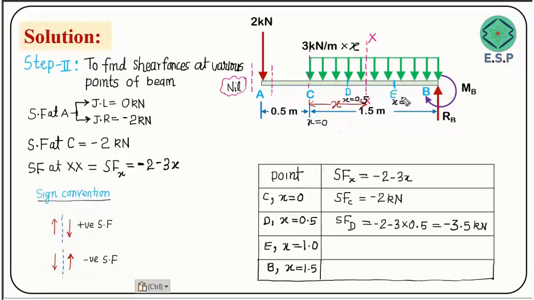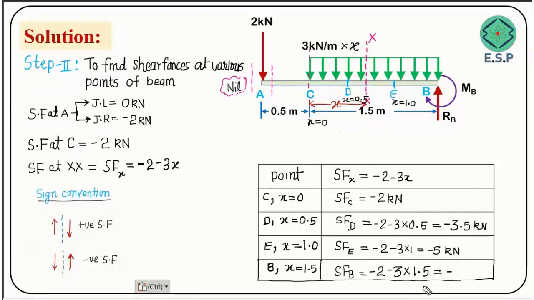So now we have to find shear force at point E where value of x is 1. So shear force at point E is going to be minus 2 minus 3 into 1, which is minus 5 kilonewtons. And last, at point B, the shear force is going to be minus 2 minus 3 into, here value of x is 1.5.